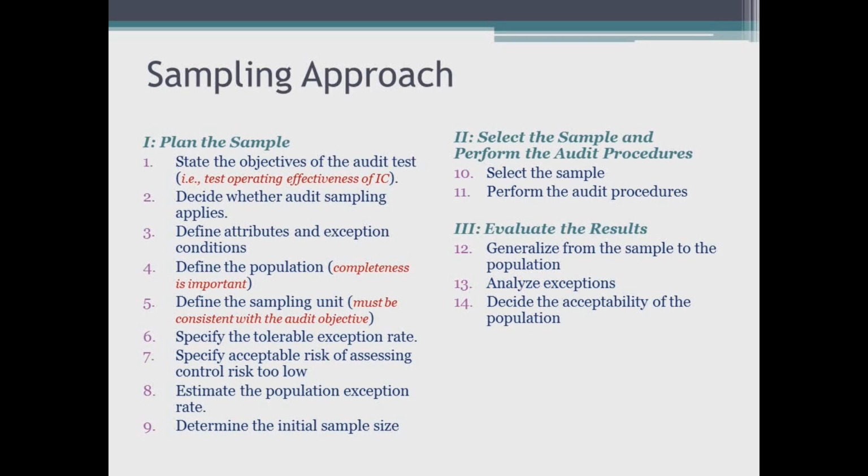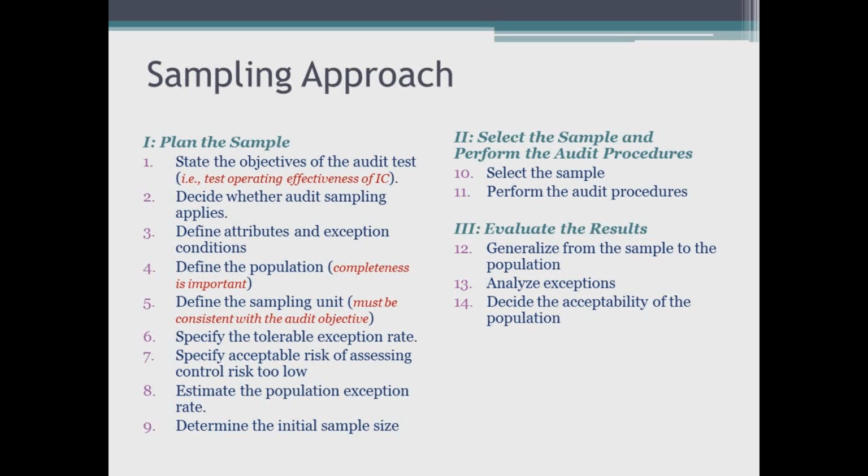You see the relationship? So an attribute is not the procedure. The attribute is what you're testing. The procedure is telling you that the audit procedure you have to perform is to account for a sequence of sales invoices in the sales journal. What you're testing to make sure is that that invoice number exists in the sales journal. What you're looking for in terms of your exception is that if you found no record of the sales invoice number in the sales journal, that would be considered an exception.